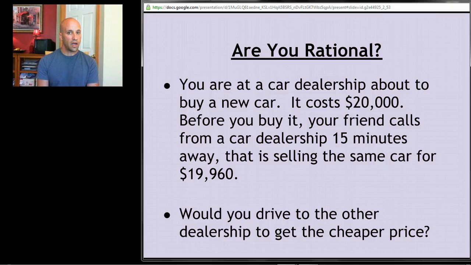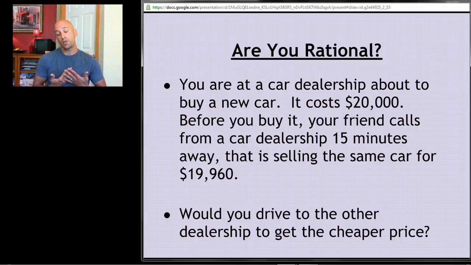Now, you could have said yes to both of these questions and been rational. You could have said no to both of these questions and also have been rational. But if you said yes to one and no to the other, an economist would say that you're not rational, because I'm asking you the same exact question both times.